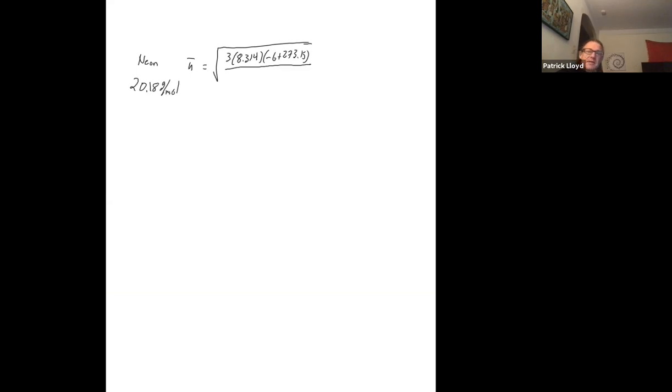But in order to make the units work out for joules, a joule is a kilogram meters squared per second squared. It's not a gram, it's a kilogram. So to make the units work out, you take your molar mass and convert it to kilograms instead of grams. That moves the decimal point 3 places.